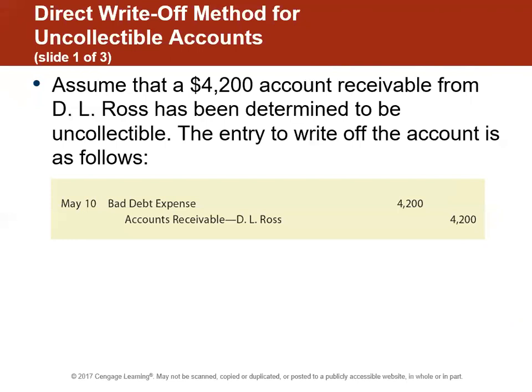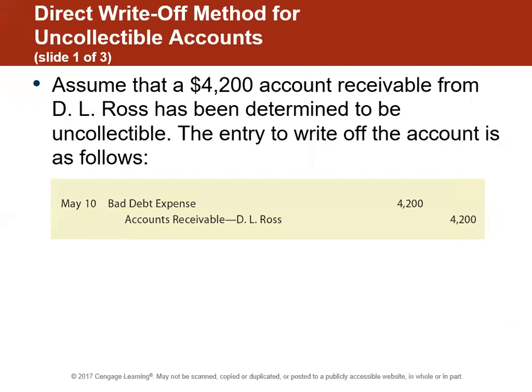If we left everything in accounts receivable, well, our revenue is going to be overstated and our assets are going to be overstated. Because we're saying, oh, all this money has come in and we earned all of this money. But when we start writing off accounts, assets are going down because we're saying, well, they're not going to pay, so we're taking them out of accounts receivable. And revenues are going down because expenses decrease revenues.